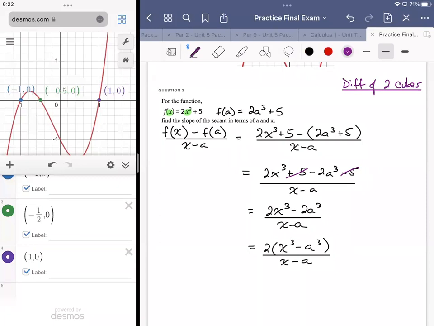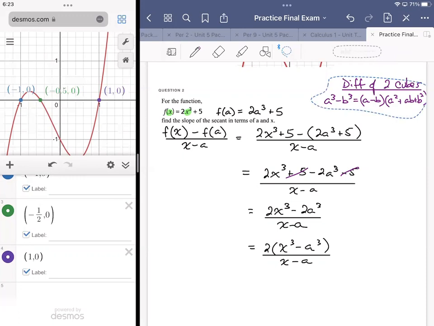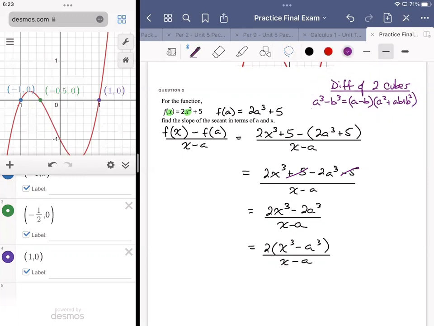Different forms of it, but I'll write it as a cubed minus b cubed is equal to a minus b times a squared plus ab plus b squared. That's the difference of 2 cubes rule.